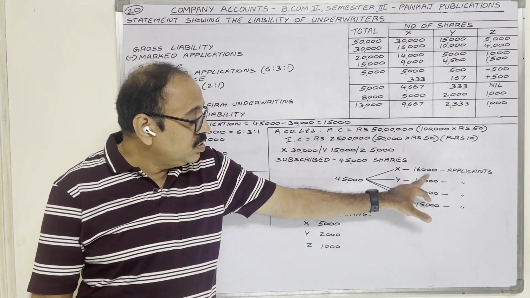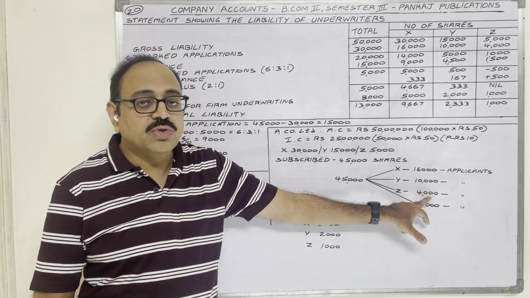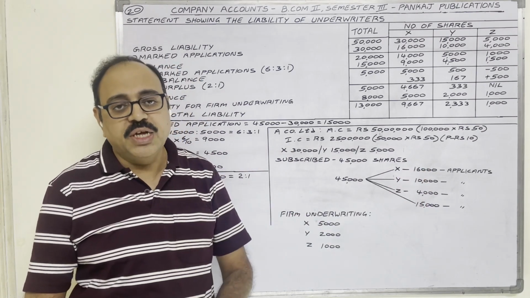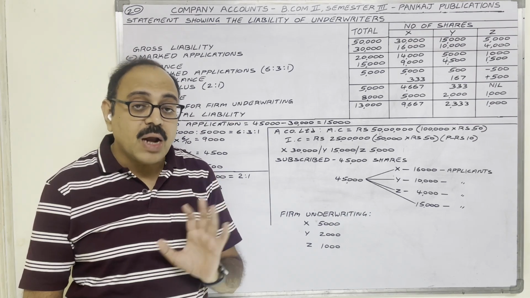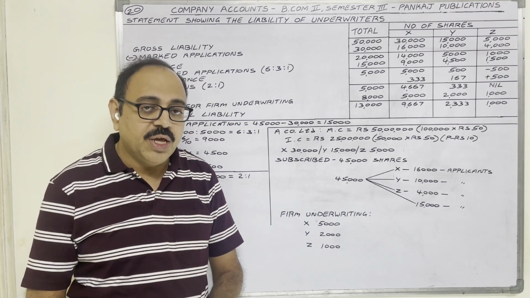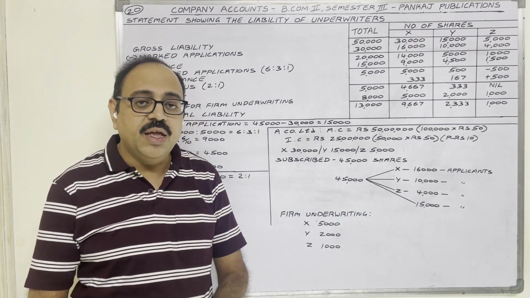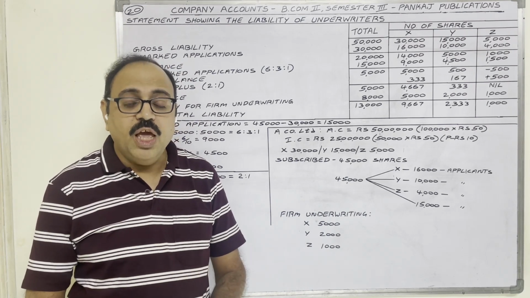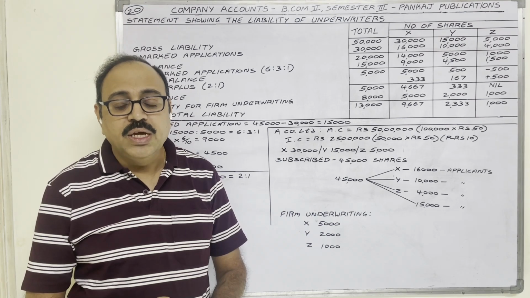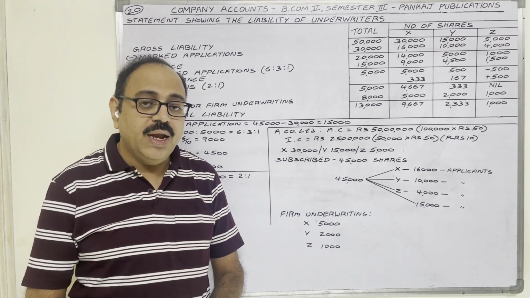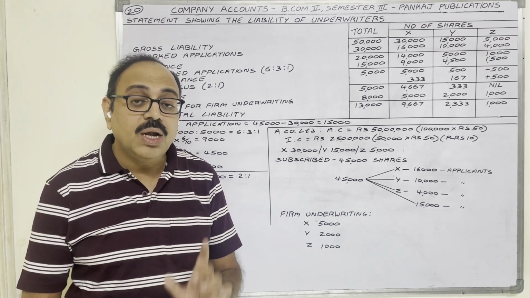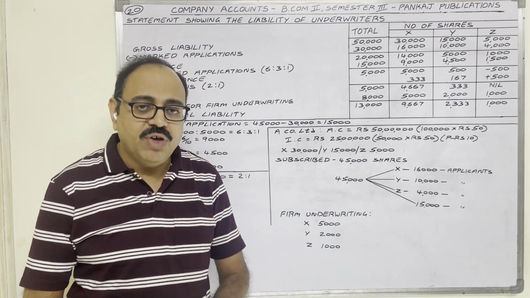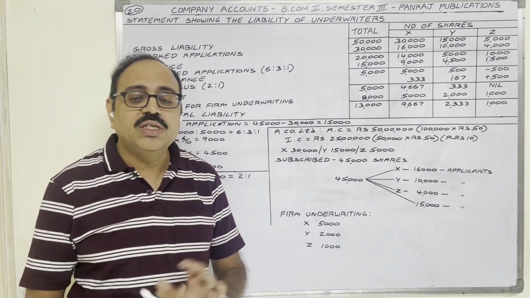These three groups, 16,000, 10,000, 4,000, are known as marked application shares. About marked applications, unmarked applications, firm underwriting, the underwriting concept, the minimum subscription rule, all these important points I have clearly explained in my previous video, related to the 19th problem. The link is available in the description box. I request you to first watch that video.